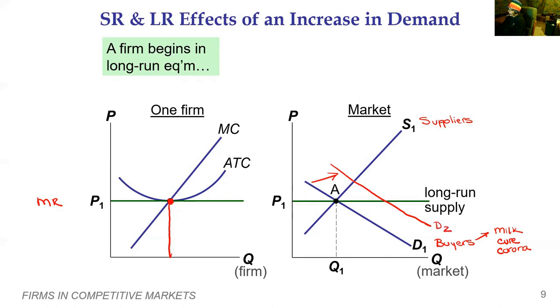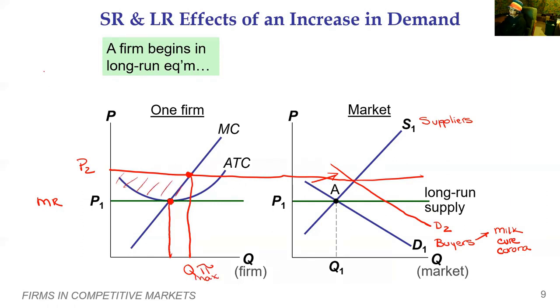That means that the price in the market is going to increase to P2, which means that firms are now going to produce more, because this is the quantity that maximizes profit, which means now we have profitability, so firms will enter into the market.